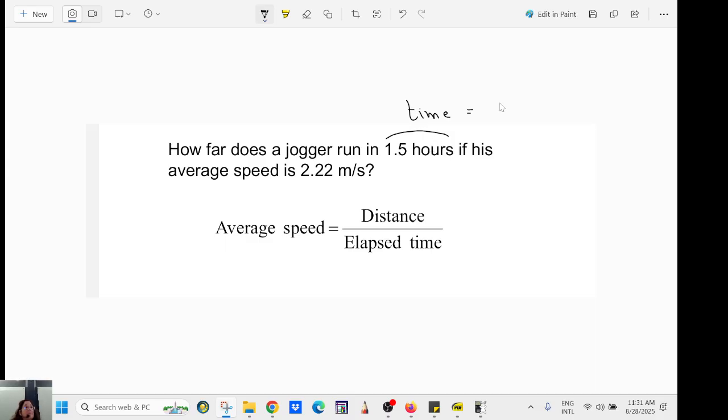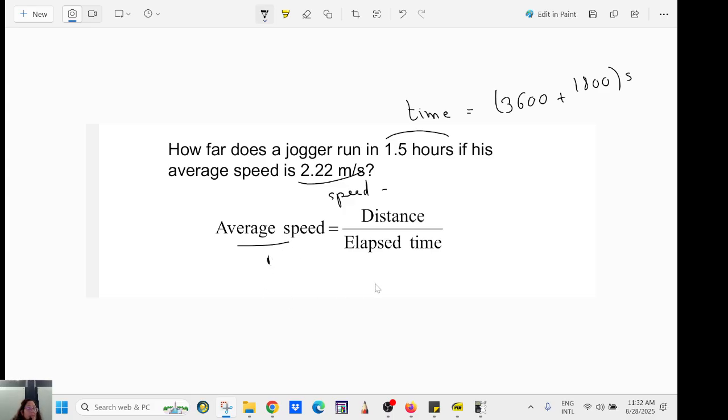So 1 hour in seconds is going to be 3600, plus 1800, right? Is that right? 1 hour is 1.5 times 3600, and that will be the speed. So what do you get?